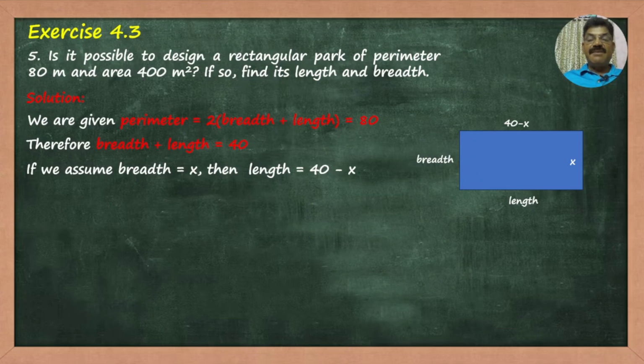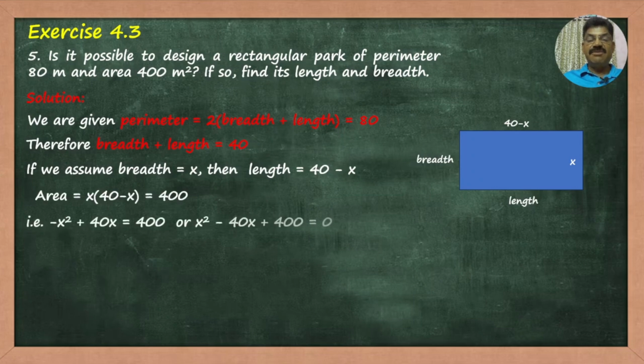But what is the formula for area of a rectangle? It is breadth into length. Breadth is equal to x, length is equal to 40 minus x. Therefore, x into 40 minus x is equal to 400. When you multiply and simplify, you get the quadratic equation x square minus 40x plus 400 is equal to 0.